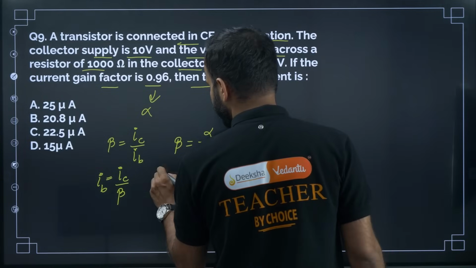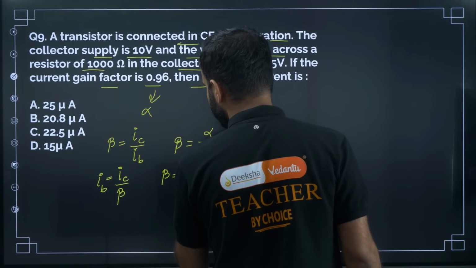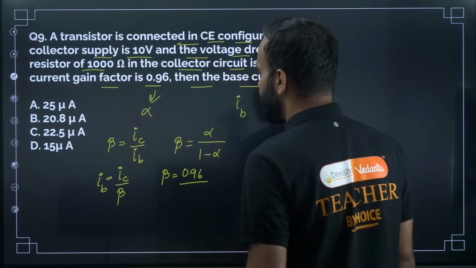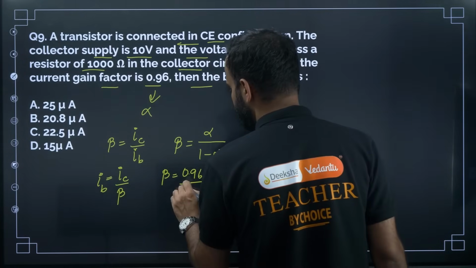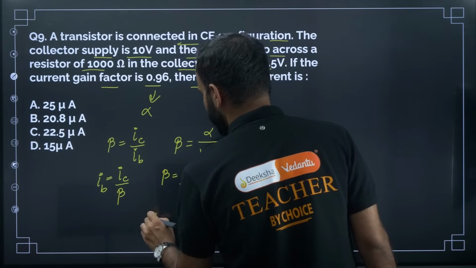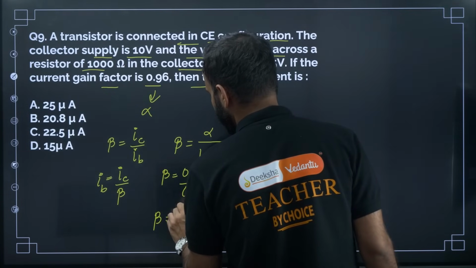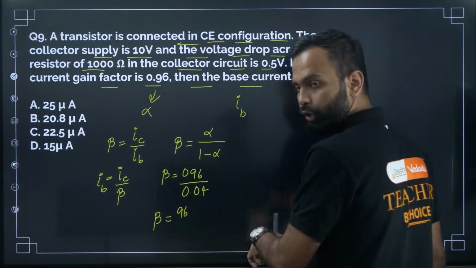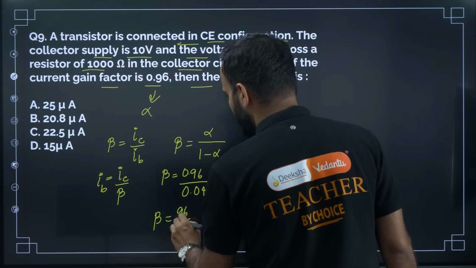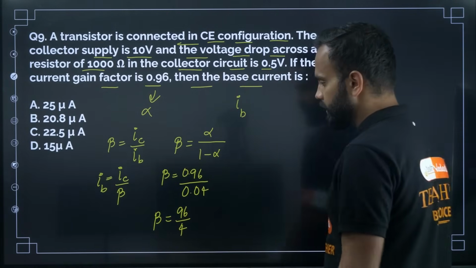So beta is equal to 0.96 divided by 1 minus 0.96. 1 minus 0.96 is 0.04, right? So now beta is equal to, I can write it as 96 into 10 to the power minus 2 divided by 4 into 10 to the power minus 2. 10 to the power minus 2 will get cancelled, right?